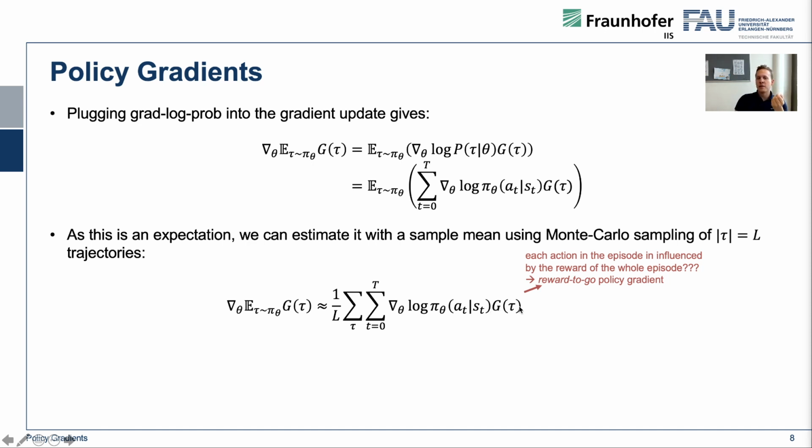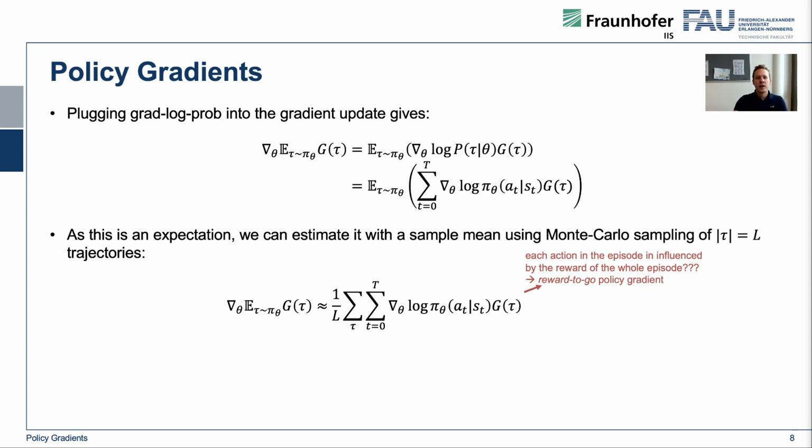And if you remember how G was defined, the return of the episode is defined over the whole trajectory, so over the whole state action sequence. If you want to increase the probability of an action at a later point in time, why would it be important to take into account the reward you have gotten earlier? Because this is out of scope for this action, since from here it only counts what's happening onwards.